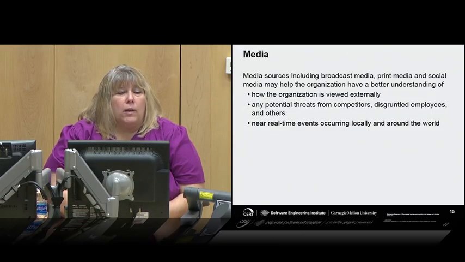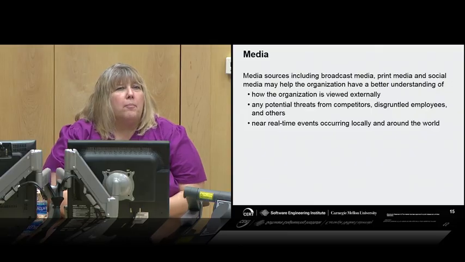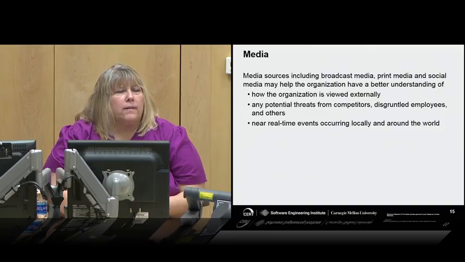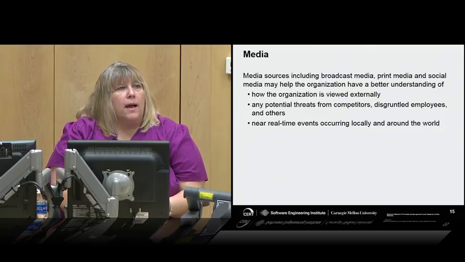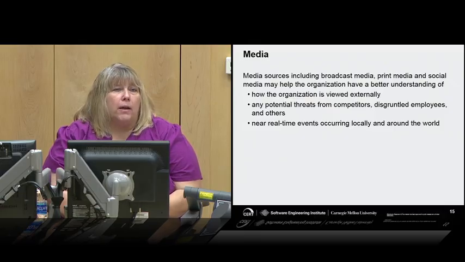Also, the media ties into your public persona, your public reputation, how the organization is viewed externally. So you can see how people talk about the organization. That may impact how you actually talk about information.